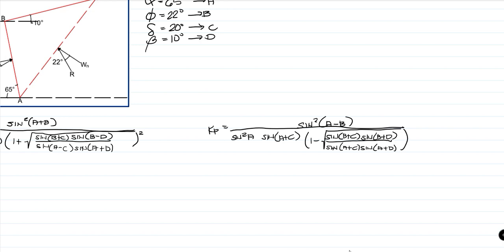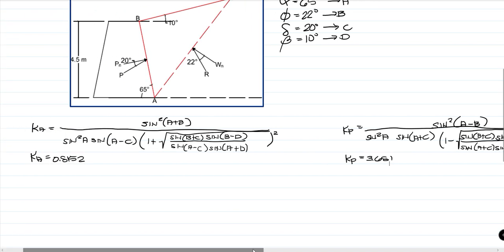Then this will be squared. Then, using ulit yung calc function ng calculator, we can have a value of Kp equivalent to 3.681. So, yan na ngayon yung active and passive earth coefficient natin for our given problem.